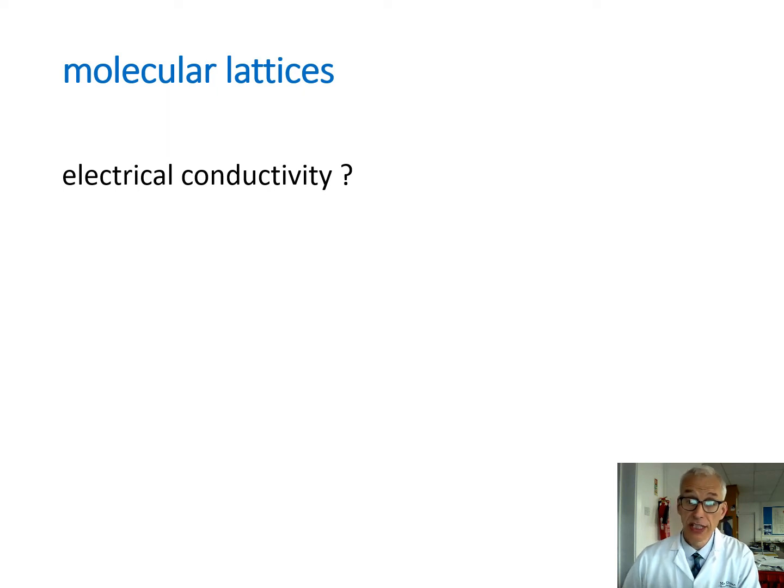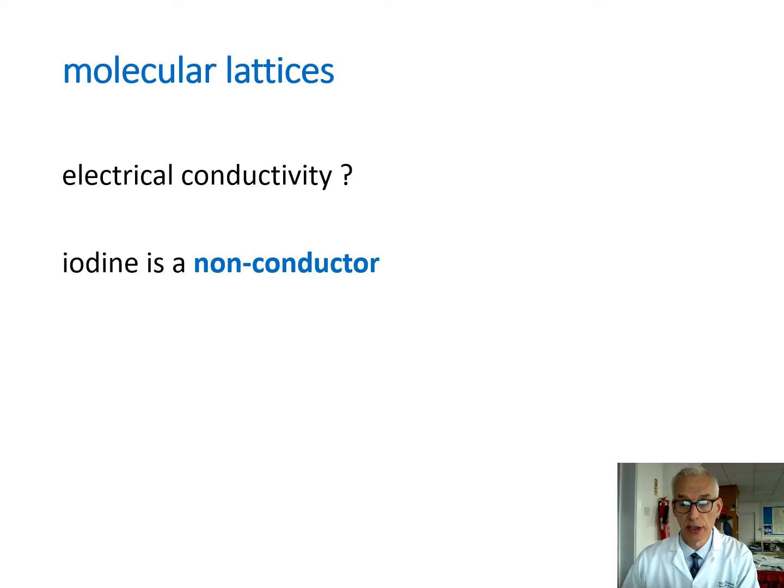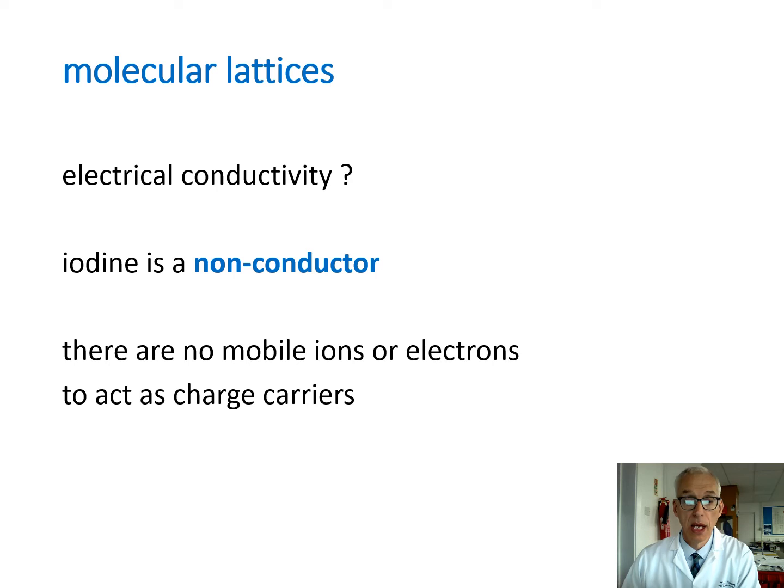Okay, so continuing, let's have a look at how we might argue the fact that iodine is a non-conductor. For conduction, you need mobile charge carriers, and those are either, in our world of chemistry, electrons or ions. Either electrons or ions are needed for the movement of charge, and those ions or electrons need to be mobile.